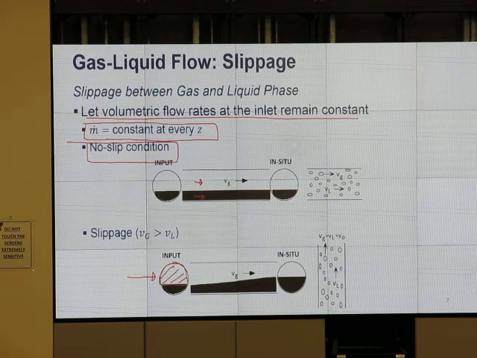So to have constant volumetric flow rate, velocity multiplied by cross-section area is the actual volumetric flow rate.